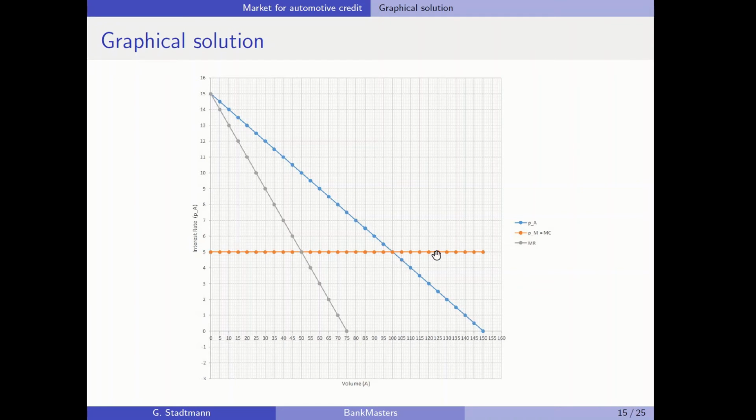The red line here stems from the money market. It is the interest rate on the money market, and the interest rate on the money market is equal to the marginal cost. So the red line symbolizes the marginal cost. In case that we have a linear demand relationship, the marginal revenue curve will start at the value of 15 and will have 2 times the slope of the demand relationship.